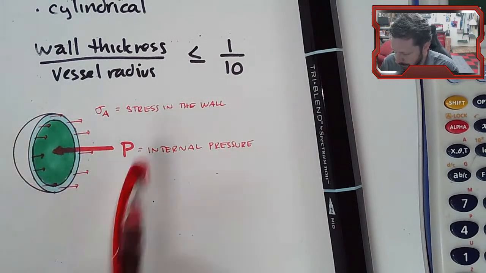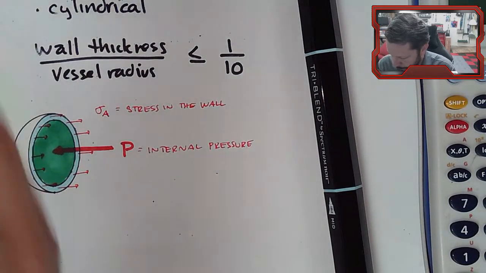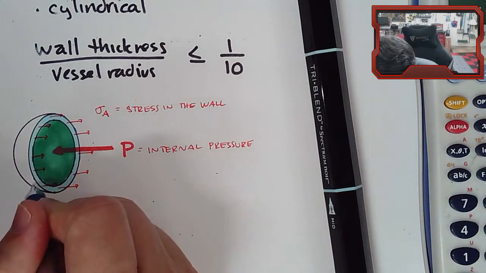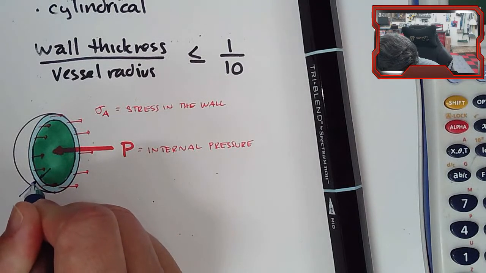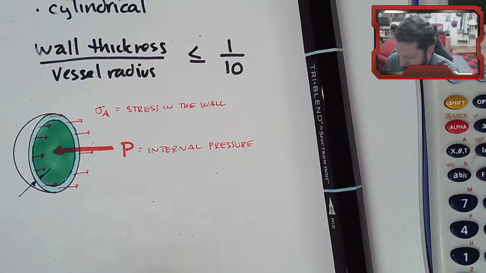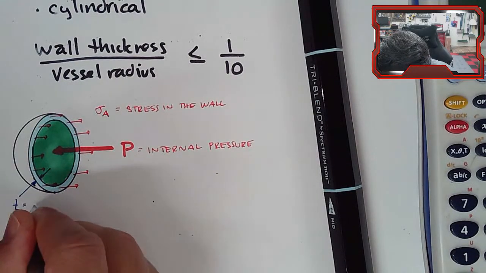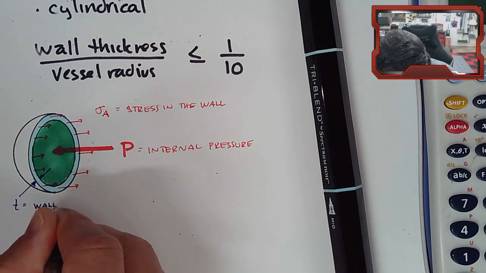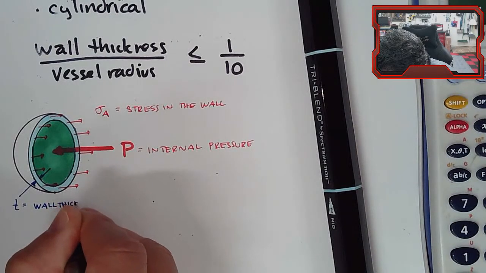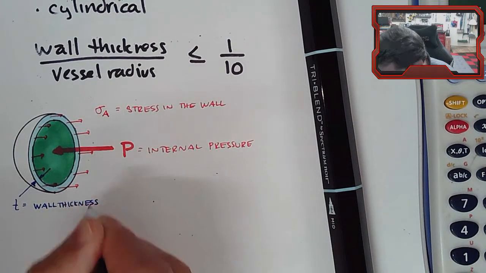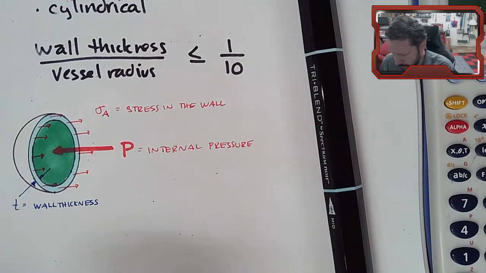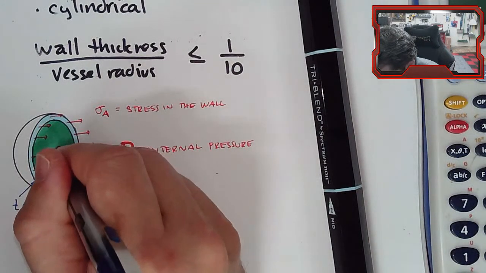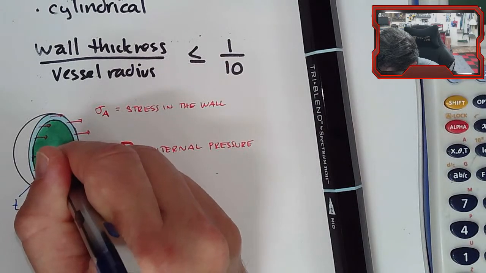All right, so we need a couple more variables. One, we need this distance. So this little distance here will be T, the wall thickness. And then we're going to have one other variable. There are a couple others that might show up later on, but for now, let's just use this one.